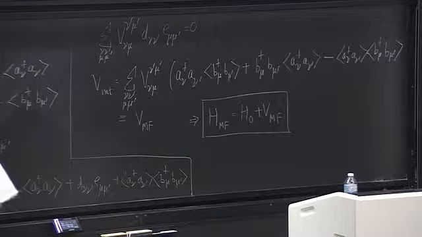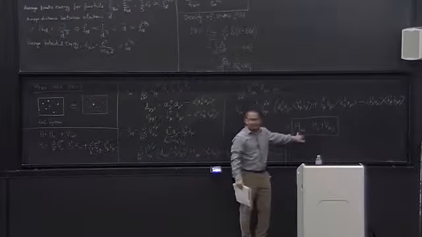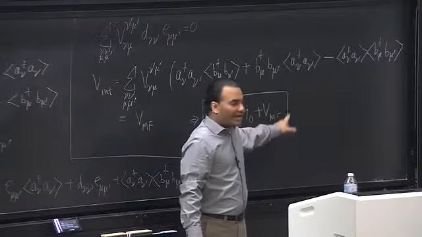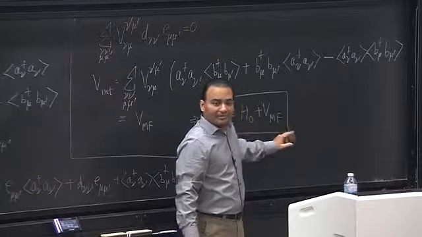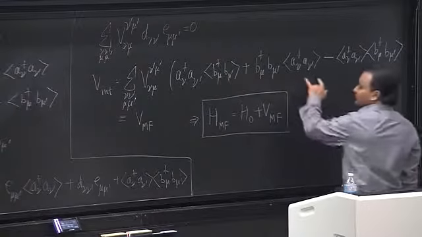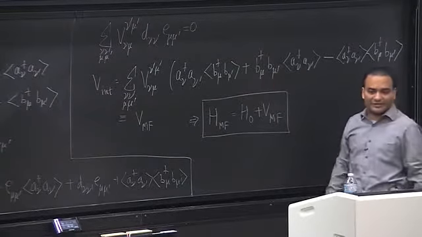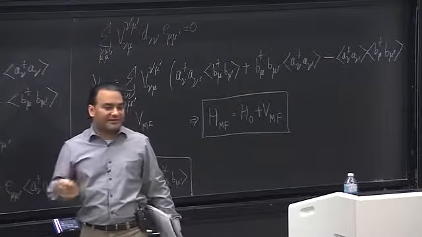So to calculate H mean field, you need to know V mean field, and to calculate the interaction potential within the mean field approximation, you need to know these expectation values. So how do we calculate these expectation values? This we will do self-consistently.